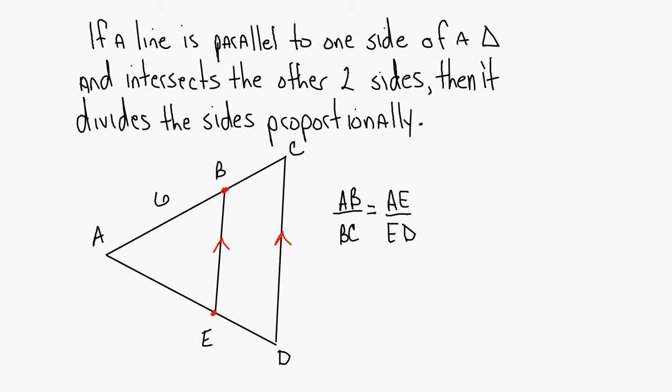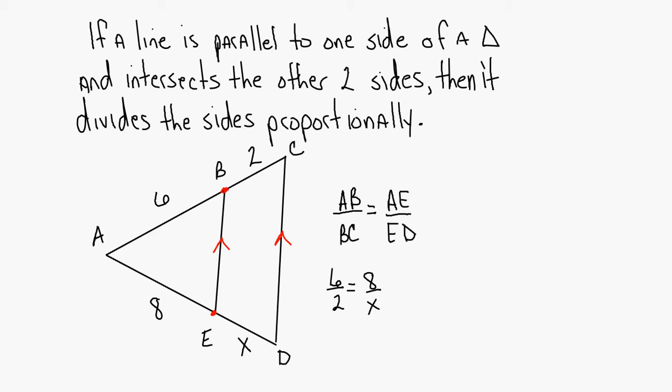So if this is a 6, and this is a, I don't know, a 2, and this is 8 and a variable, then your 6 over 2 equals 8 over x. And just like you did last week, you crisscross multiply and you solve.